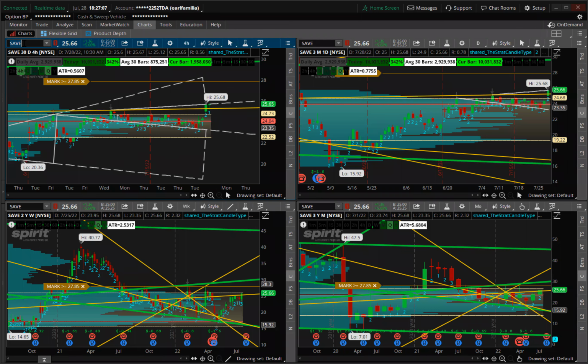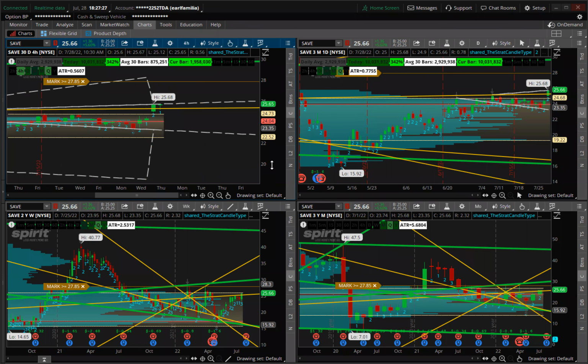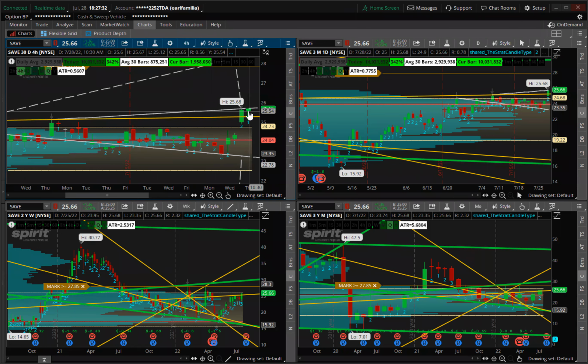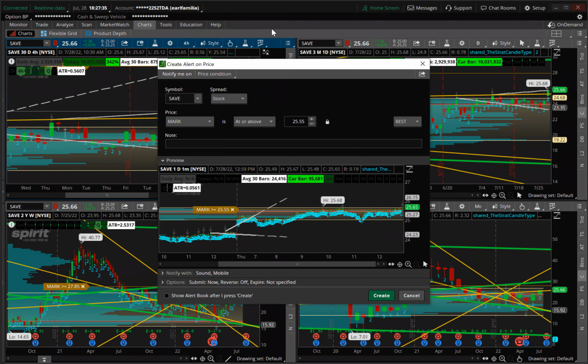Now we gotta look and see what I have on there. I think that was a 2113 double inside week on SAVE. Yeah, all right. I like that. It's got a micro BF right there at the trigger, so we can deal with that. That doesn't scare me off.